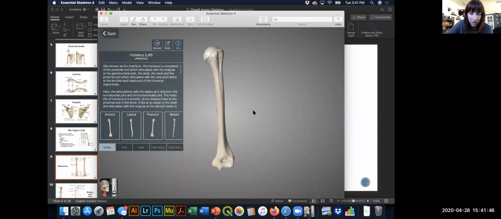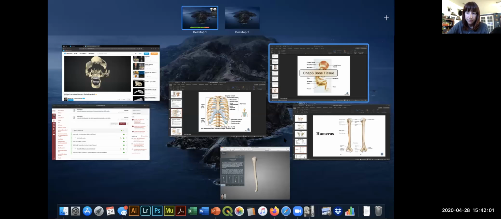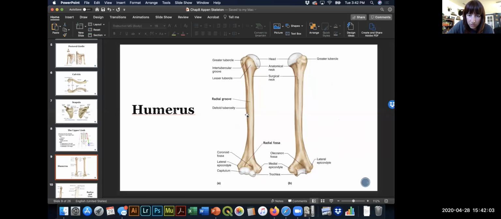Not terribly clear on this. I would expect the deltoid tuberosity to be like here-ish. So it should be on the lateral side of the bone.